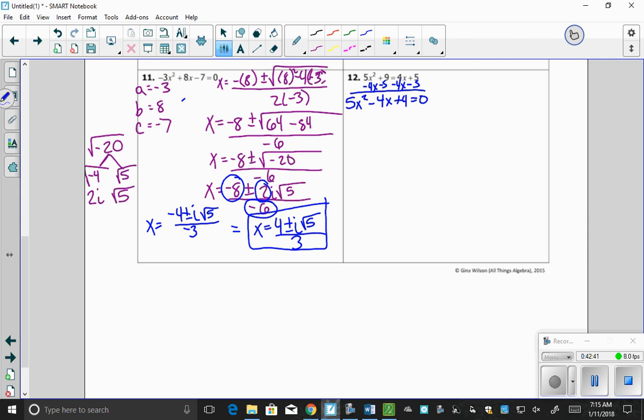Label ABC. A is 5, B is negative 4, C is positive 4.